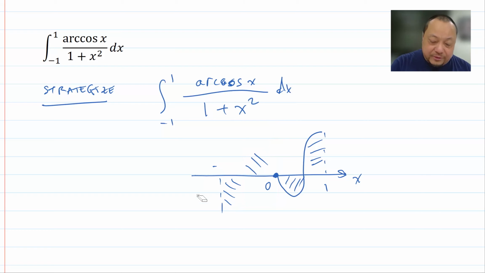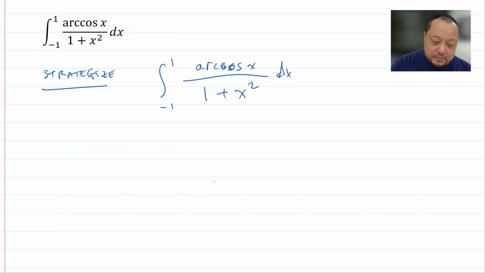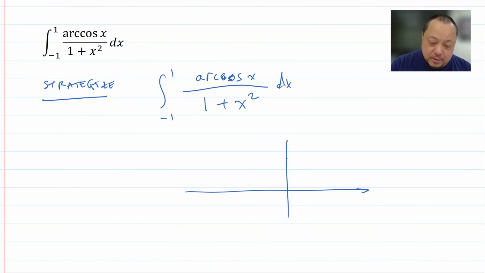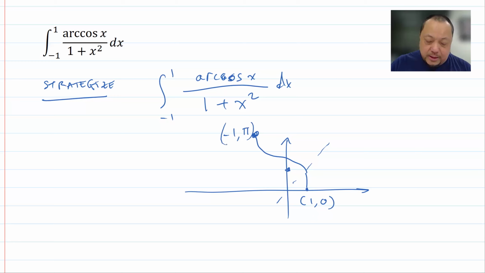What is the graph of arccos? The graph of cosine looks like this. And if I want the graph of arccos, I take the mirror image across the 45-degree line, then I end up with something like this. So that's the graph of arccos. This is 1, 0, -1, pi, and 0, pi over 2.